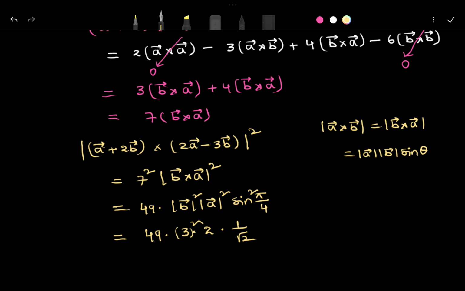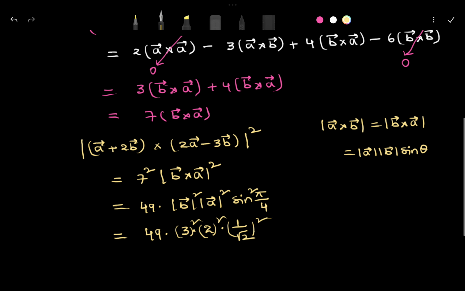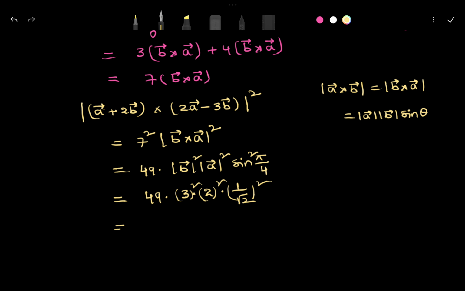So this whole value is squared. So we can write 49 into 9 into 4 into 1 by 2. Here the 2 cancels, so it equals 49 into 9 twos, that is 18.